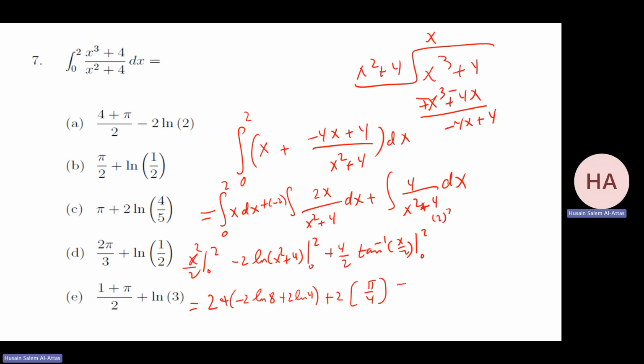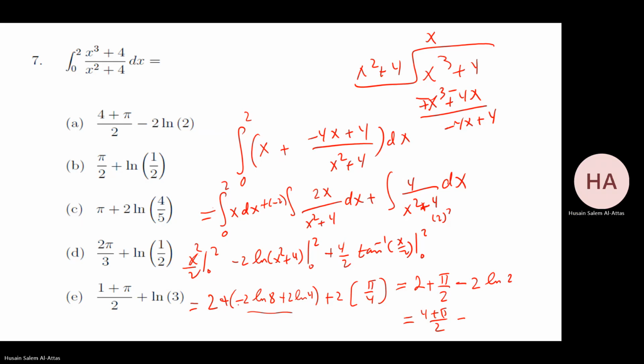So I have 2 plus pi over 2, and this one is plus 2 ln 8 over 4, which is ln 2. So I can rewrite it as 4 plus pi over 2. And this is minus, yeah, it should be minus.